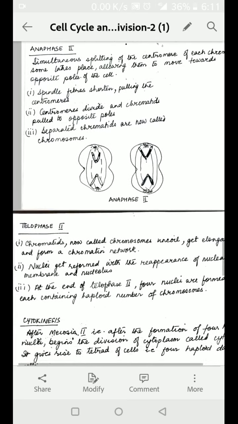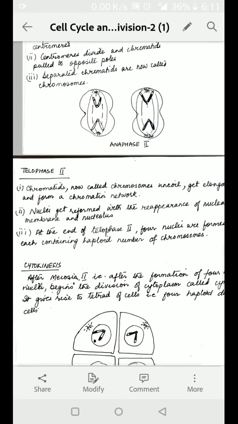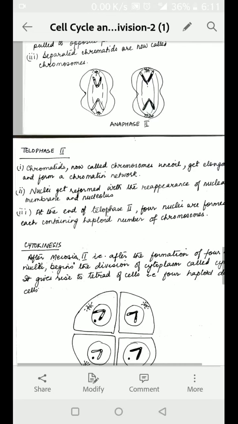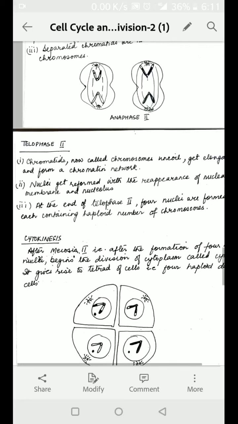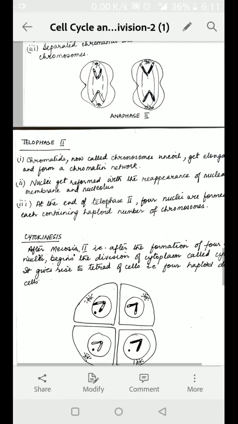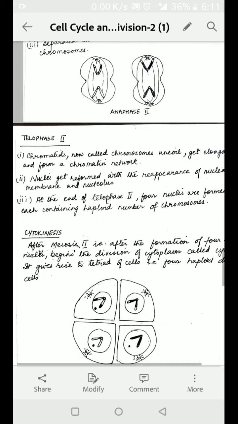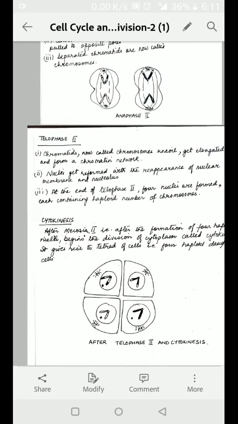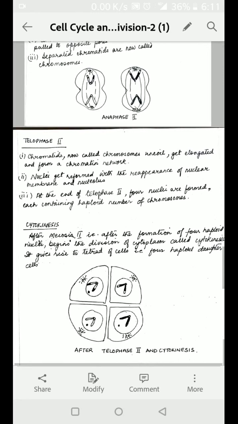Anaphase 2 is followed by telophase 2. In telophase 2, the chromatids, which are now called chromosomes, begin to uncoil, elongate and form the chromatin network. The nuclei are formed with the appearance of the nuclear membrane and nucleolus.